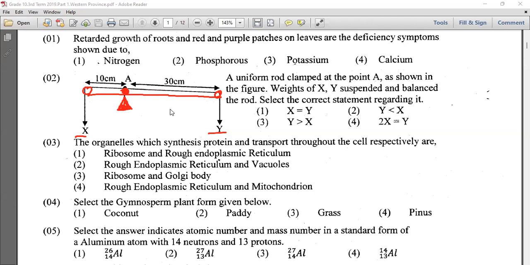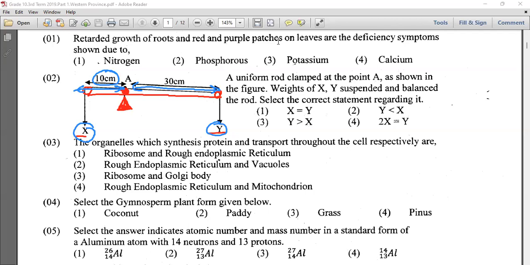When you keep the rod like this, from the point A to this end you have 10 centimeters, and there is a weight hanging vertically downwards. And from the point A to this place you have 30 centimeters, and you have a weight hanging here. That's what you know, right?